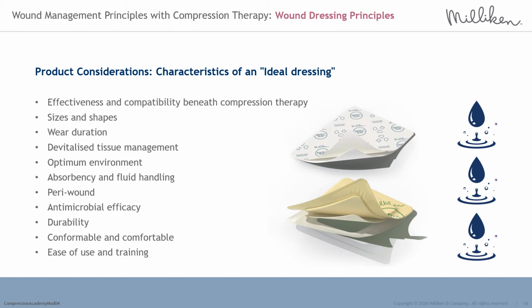The characteristics of an ideal dressing set out in the previous slide do apply, but there are some additional considerations for dressing materials used beneath compression therapy, and these may include the effectiveness of the materials when used beneath compression, so it does not release exudate back down to the wound when it's compressed, or the dressing does not require to swell to manage fluid, and would the efficacy be reduced if it was unable to swell beneath compression.